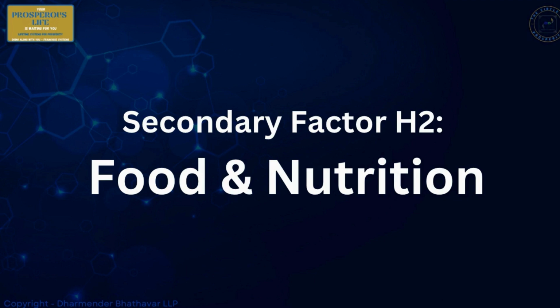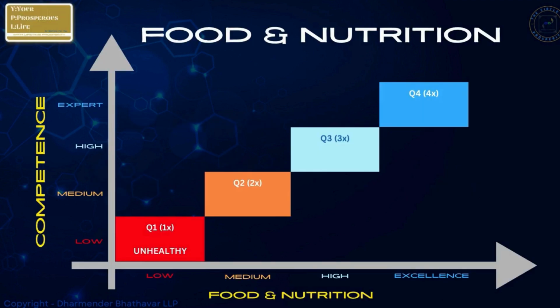So here let us try to understand what are the four quadrants of food and nutrition. The first quadrant is unhealthy food, because your food and nutrition knowledge is on the lower scale, and your competency levels are also on the lower scale, and hence the first quadrant is consuming unhealthy food. The second quadrant is where competency levels are medium, and food and nutrition levels are also at the medium level. And quadrant 2 we can consider as inorganic foods. Quadrant 3 is a mixture of all.